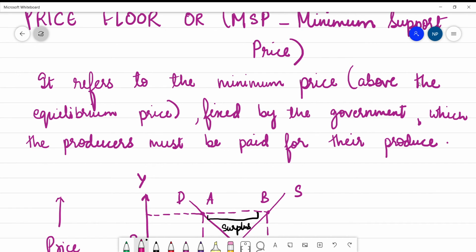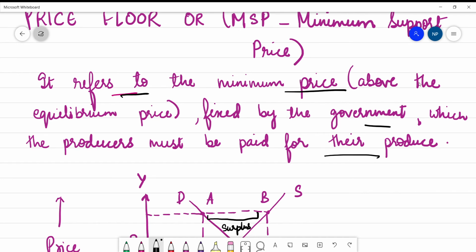It refers to the minimum price, above the equilibrium price, fixed by the government, which the producers must be paid for their produce. Price floor refers to the imposition of a lower limit on the price that may be charged for a particular good or service.